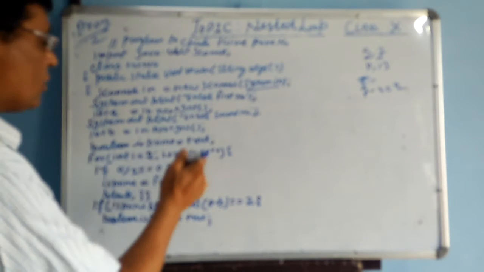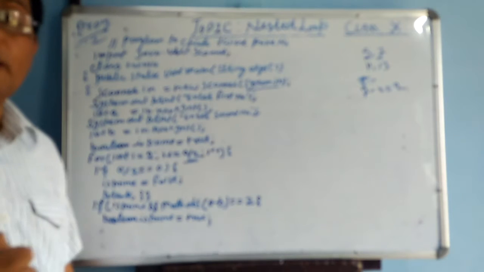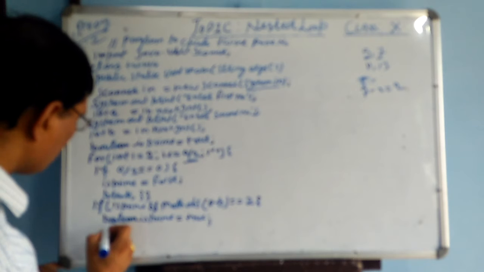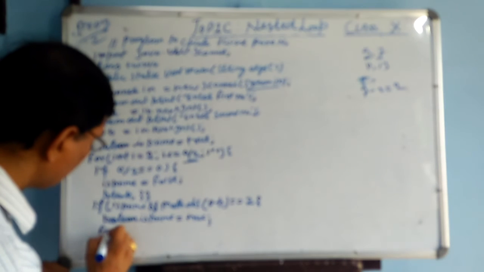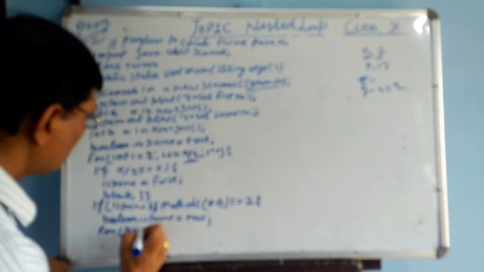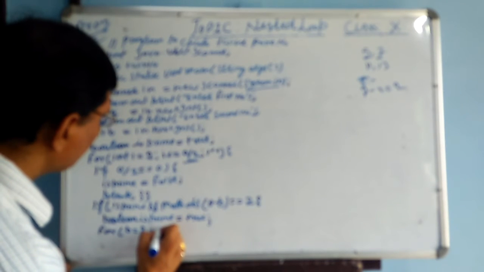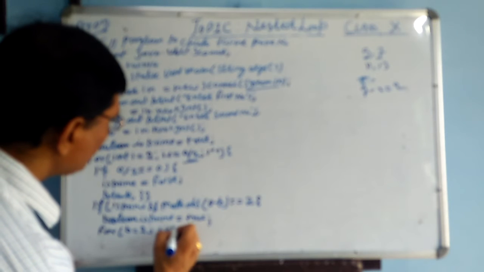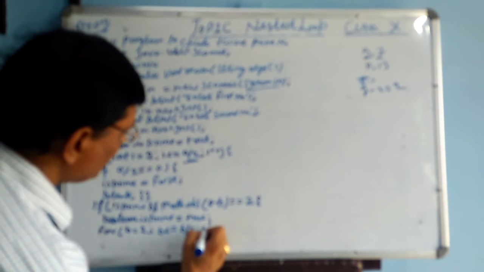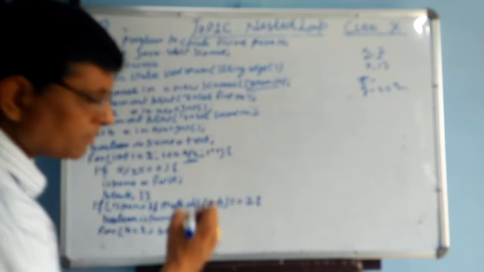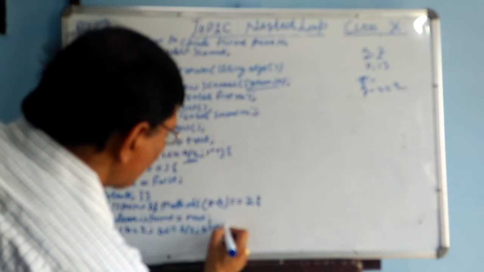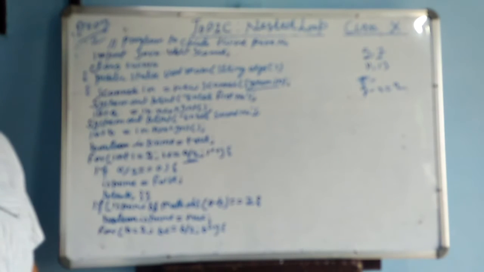That is the condition for the A. Now the second numbers. So then for the second numbers we have to use here for b is equal to 2 semicolon, b is less than or equal to b divided by 2 and b is increased. Clear? Now open brace.